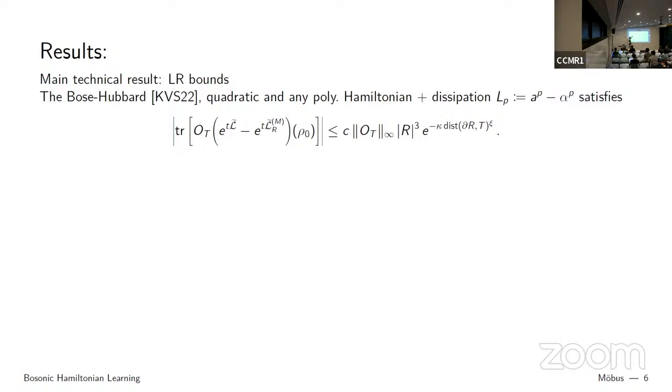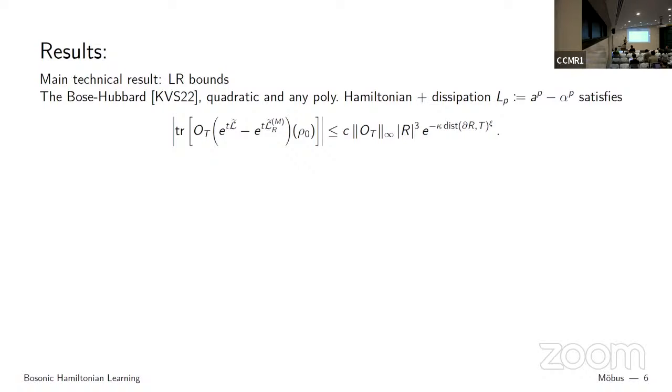Now this assumption, which I haven't written down here, is a little bit technical. It is satisfied, for example, by the Bose-Hubbard model, any quadratic Hamiltonian in annihilation and creation operators, or any polynomially defined Hamiltonian plus dissipation. The dissipation is this photon loss, which we know from the bosonic cat code, and there were already some talks about this. So if you add this dissipation to any polynomial Hamiltonian, you can enforce Lieb-Robinson bounds. So by this, you can learn any Hamiltonian defined like this.